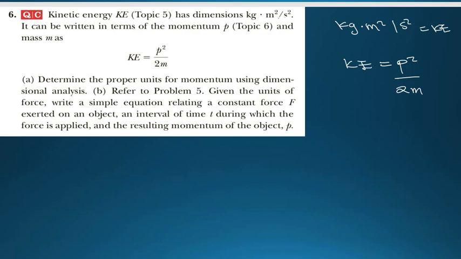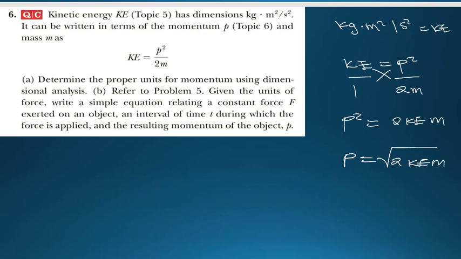Very important. Here is what we are going to do, guys. To make momentum the subject of the formula, we're going to say p squared is going to be 2 times k multiplied by m. To get rid of the square root, we have the square root of 2 times kinetic energy times mass.